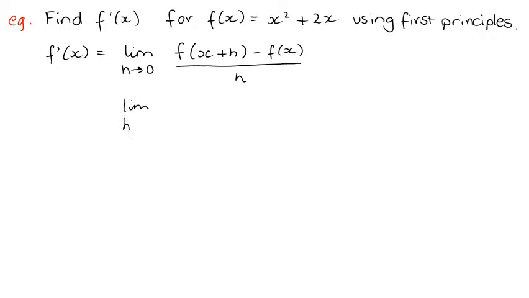So it's probably a lot easier than it really seems. We're just going to sub x plus h into where all the x's are. So we get x plus h squared plus 2 times x plus h. And we're going to take away f of x, which is that function.